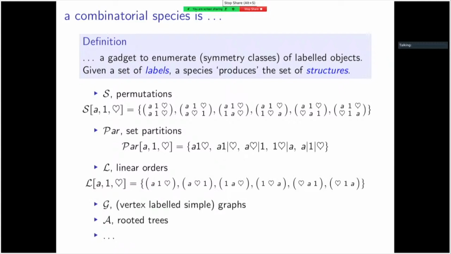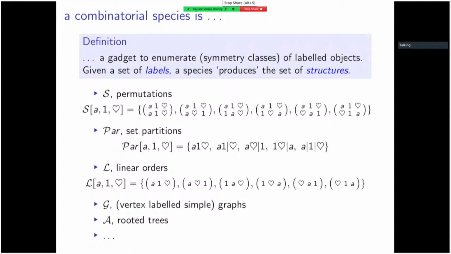So graphs: you could think of a species which produces for you all graphs where the vertices are labeled with the labels you put in, and all vertices should have distinct labels.